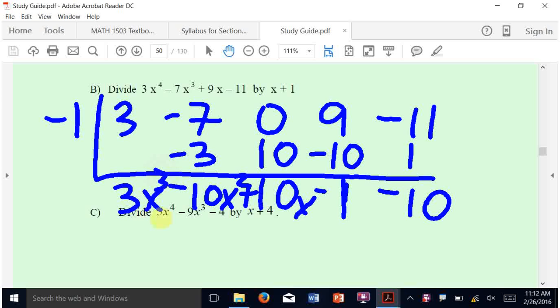Okay, so you'll also note that the leading term of your quotient will be 1 less than the leading term of your dividend. Okay, and then you put that minus 10 over your divisor, x plus 1. Okay, we can use the division algorithm to check that.